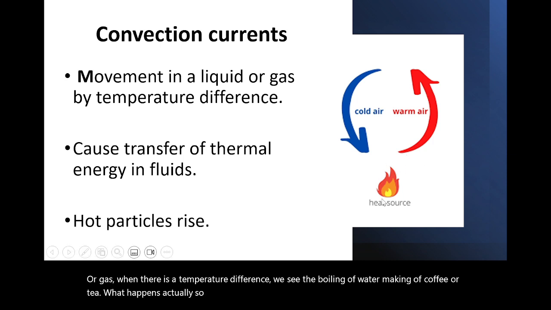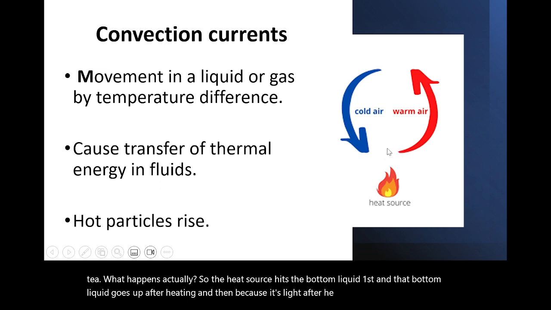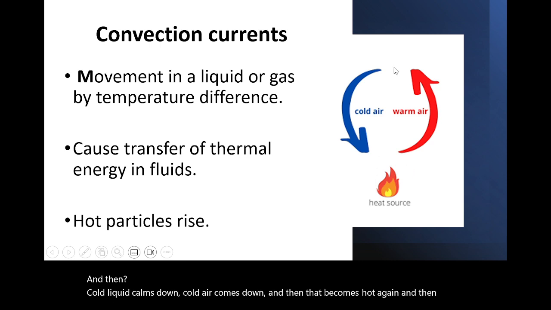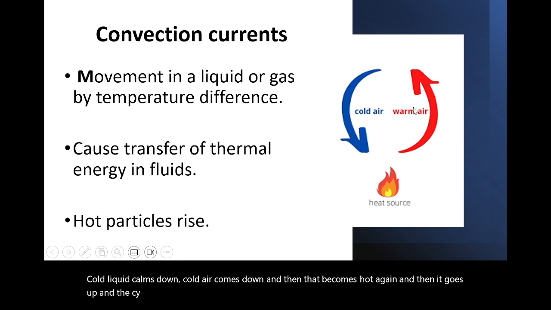The heat source heats the bottom liquid first, and that bottom liquid goes up after heating, because after heating the material becomes light. Then cold liquid, cold air, comes down, and then that becomes hot again, and then it goes up, and the cycle goes on. This way, the fluids get heated.